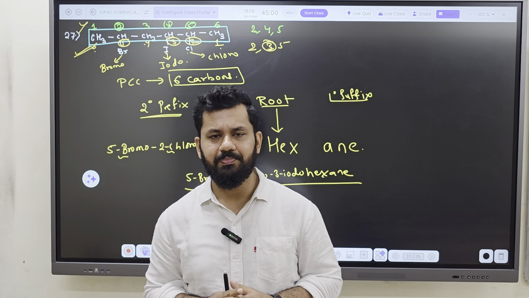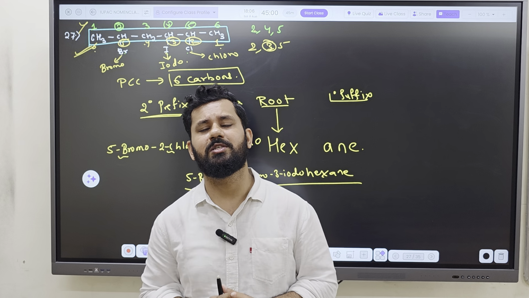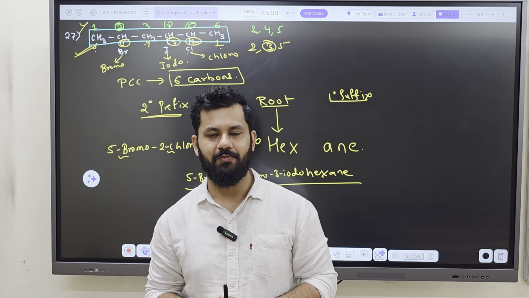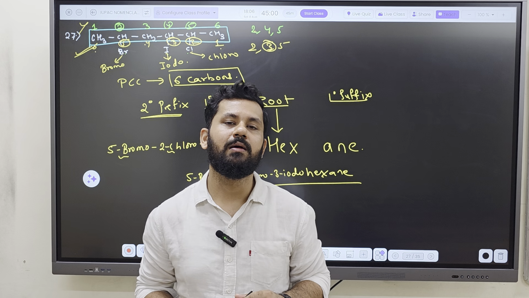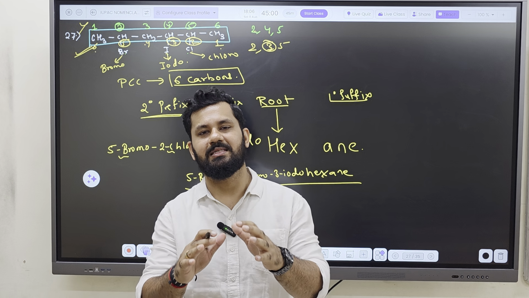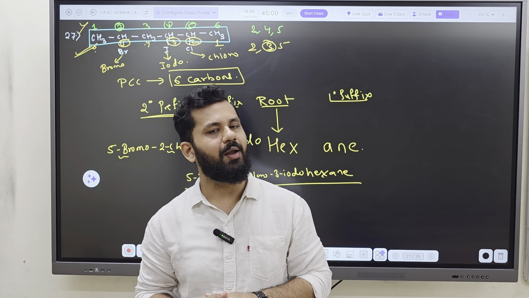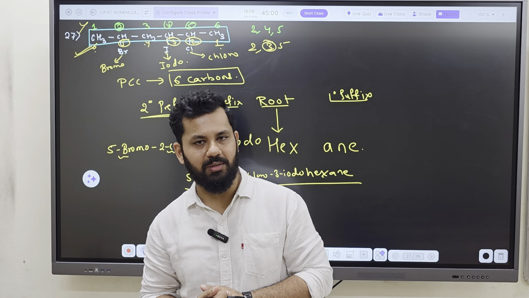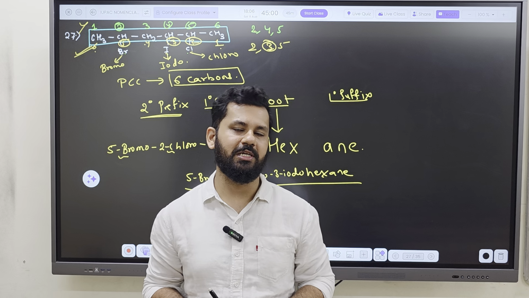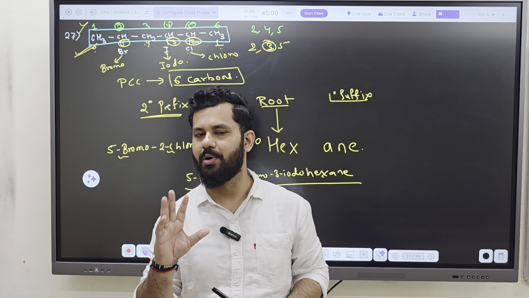In today's class, after the numbering was done, we learned how to write a name from that. In our next class, we will see how to name a cyclic compound, and also look at some special compounds which are very important for JEE, NEET as well as board exams.